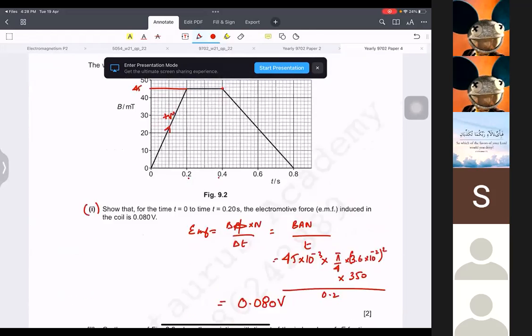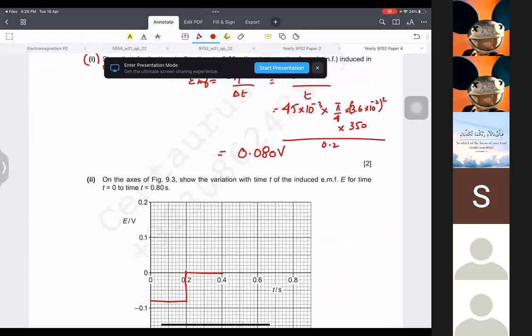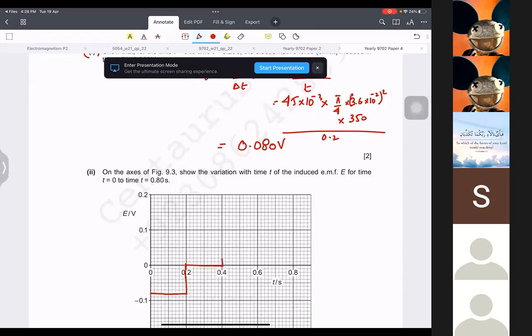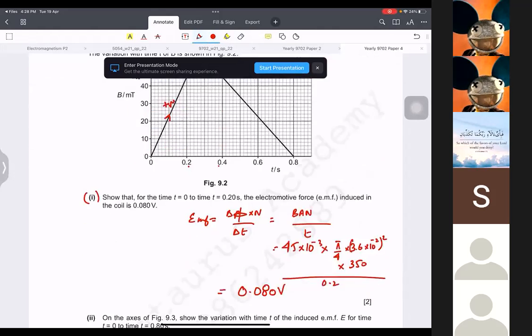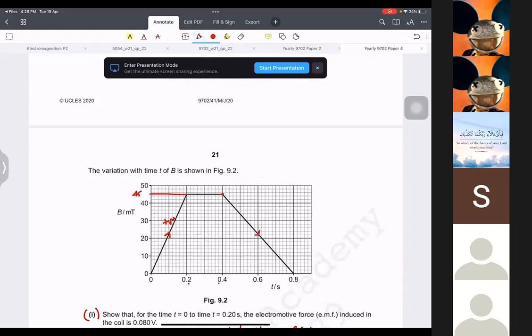It will be less than this. It will be half, 0.04 is coming. So you should actually find it. So this will be half, then come here. Oh, sir, I made a mistake. Opposite direction, because this is negative. Okay, done. Right?